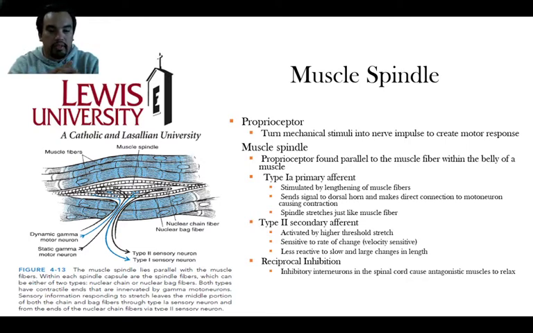Now we also have this thing called reciprocal inhibition that happens, and that's where inhibitory interneurons in the spinal cord cause an antagonistic muscle relaxation. So as I'm trying to stretch my hamstring, the antagonistic muscle to that would be my quadriceps.